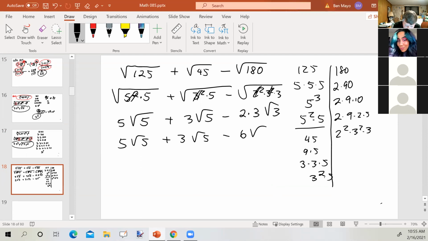No, it's not right. I made a mistake. My bad. Right here, that should have been a 5. Can't read my own writing. I was suspicious because it didn't match the other ones. They don't always do that, but you okay with that? So right here, this is a 5.